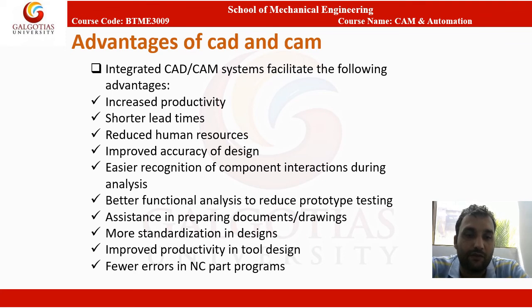This is the next good point. Better functional analysis to reduce prototype testing, assistance in preparing documents and drawings, more standardization in design, improved productivity in tool design, and fewer errors in part programming. These are the advantages of CAD/CAM systems in manufacturing.